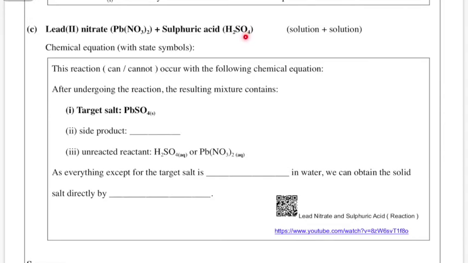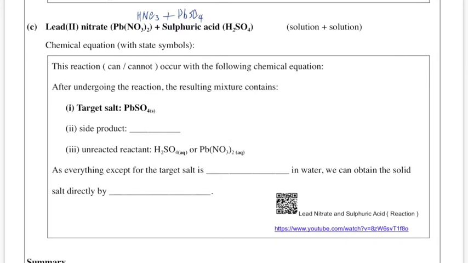Then we can work out what the products are going to be. If they exchange the ions, we're going to form nitric acid and lead-2 sulfate. So these two are the products.